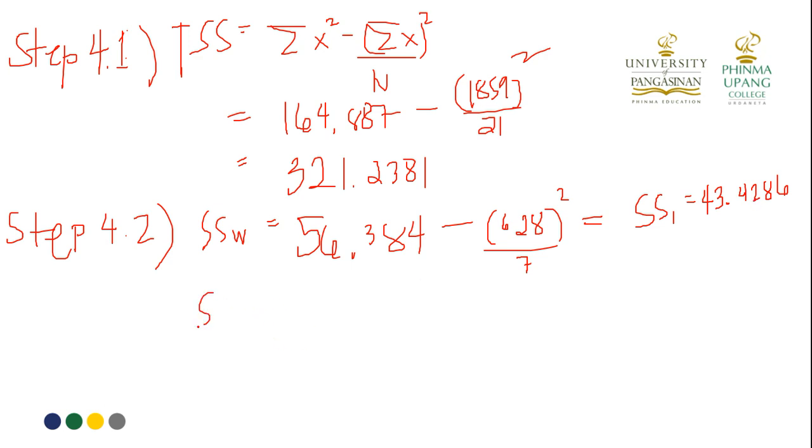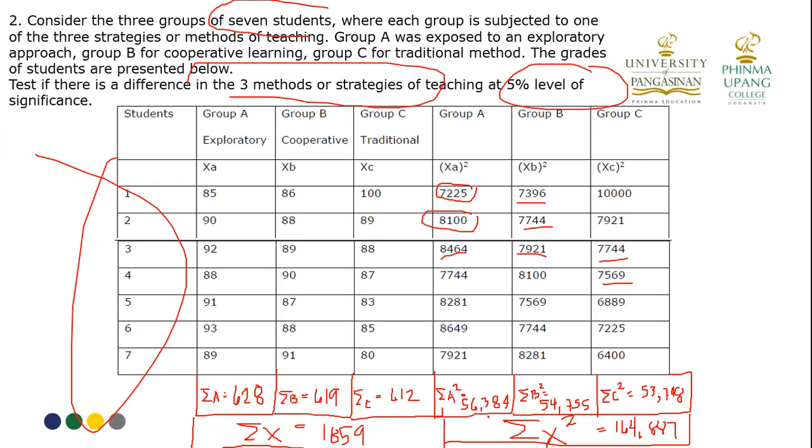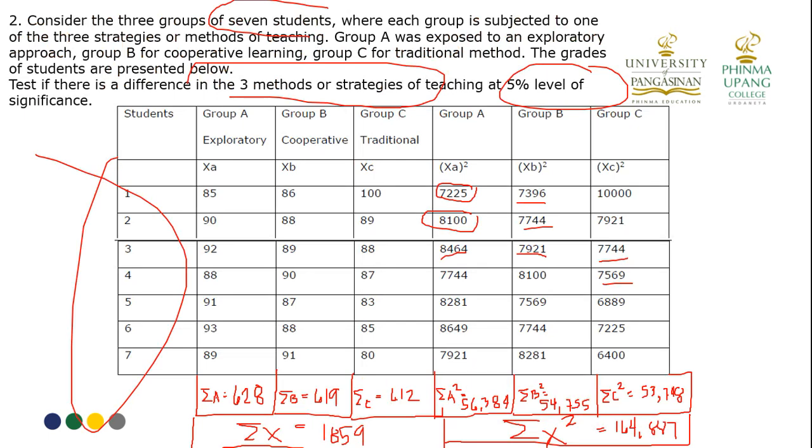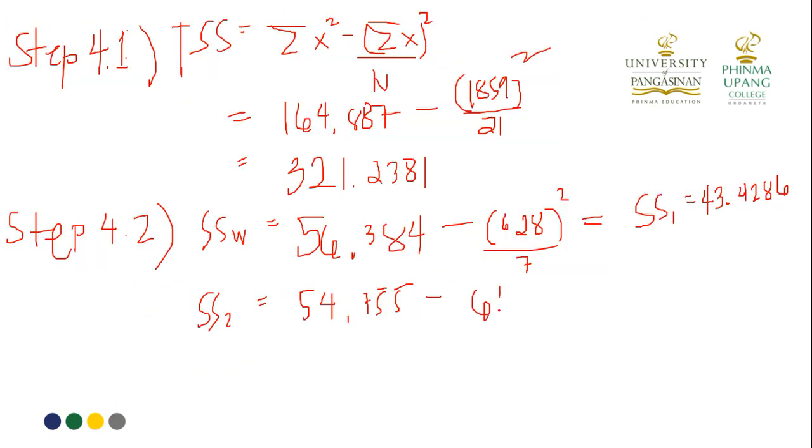Punta tayo doon sa SS2, yung pangalawa, 54,755 minus 619 all over 7. Squared natin to. Ilan yan? 17.7143.